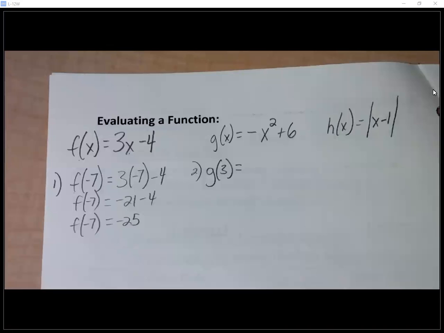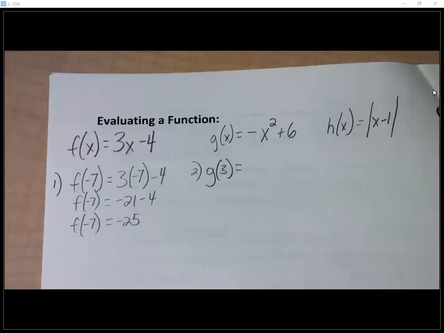I got negative 3. Did you get the same? Did anybody get a different answer besides negative 3? Evan? I got 1. Any other ones? I got negative 3. Did anybody get 15? Okay, I knew there'd be those 2 answers for sure.